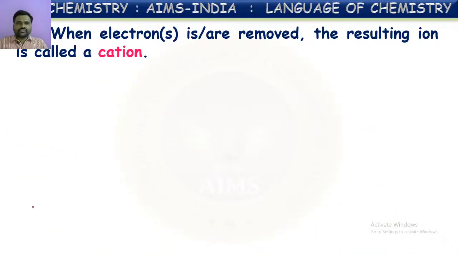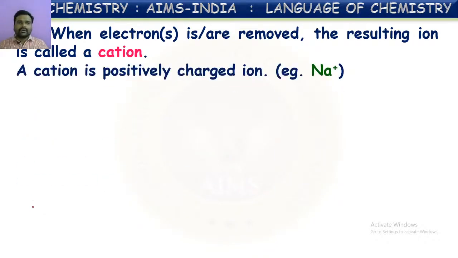If one or more electrons are removed from an atom, the resulting ion is called a cation. A cation is positively charged. Why are cations positively charged? Take the Na+ ion, formed by the loss of one electron by a sodium atom.